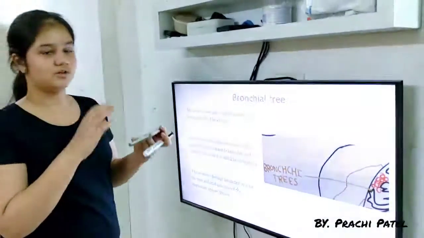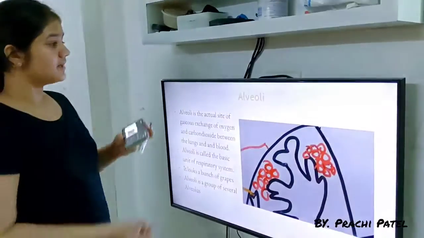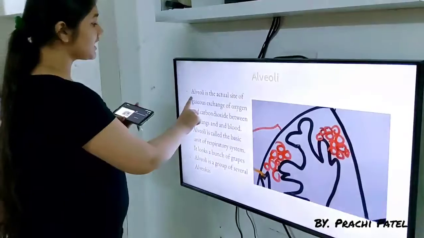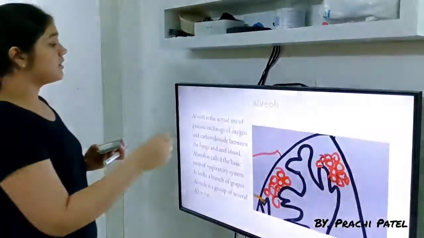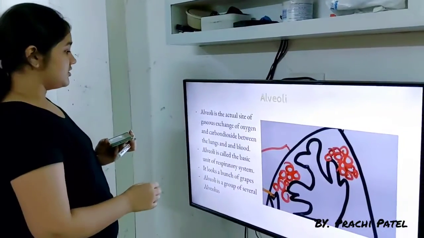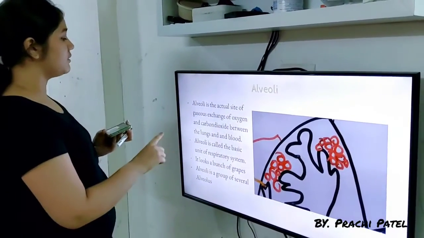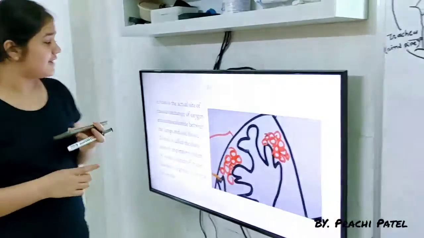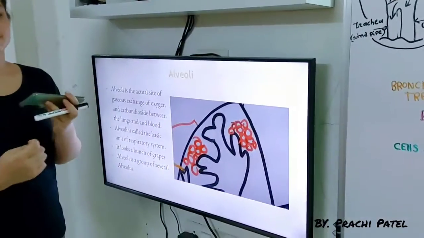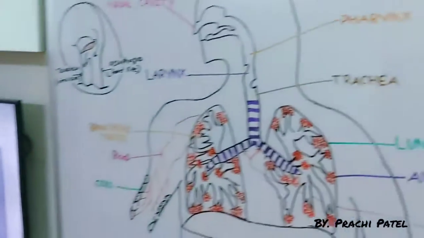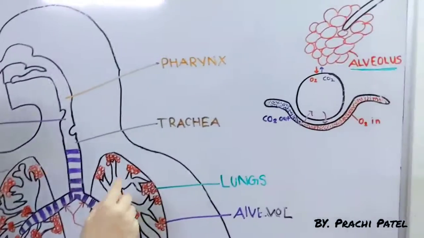Alveolus, now let's go. This is alveoli. Alveoli are the site of exchange of oxygen and carbon dioxide between the lungs and the blood. Alveoli are right over here.